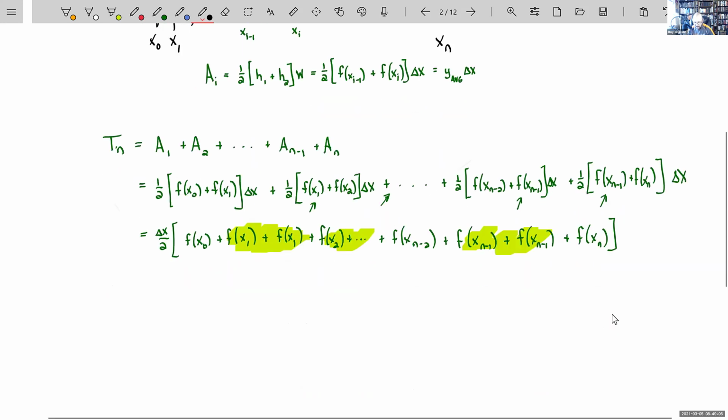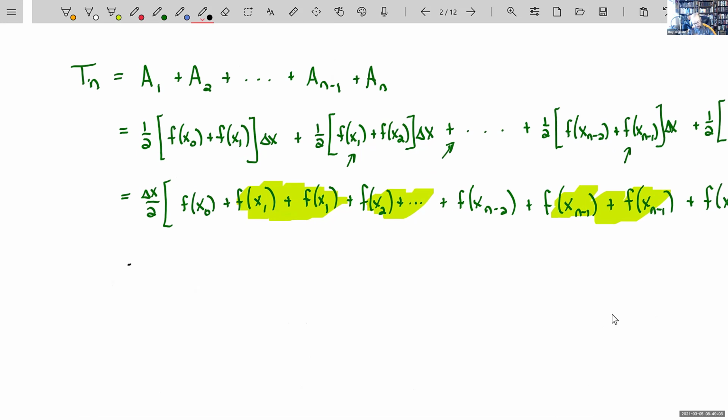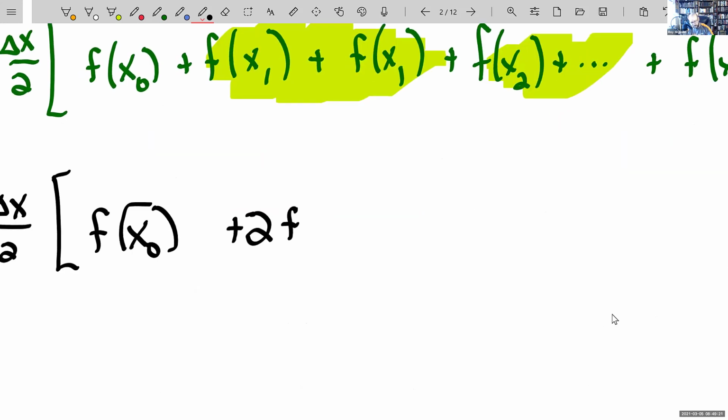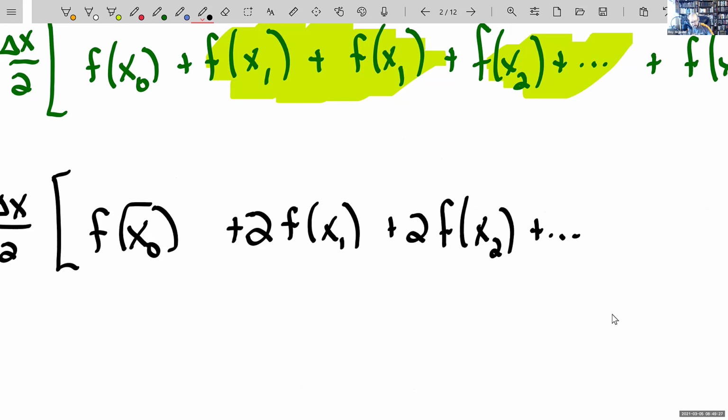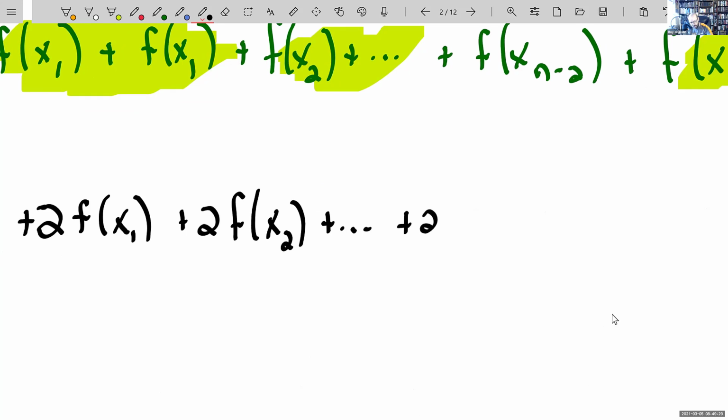And so you can see in the summation that this will be delta x over 2 times 1 of those f of x sub zeros plus 2 of those f of x sub 1s plus 2 of those f of x sub 2s, and so forth down the line until you get to 2 of those f of x sub n minus 1s plus a single f of x sub n.